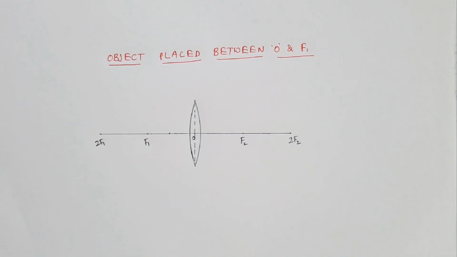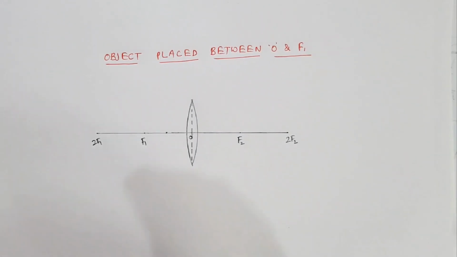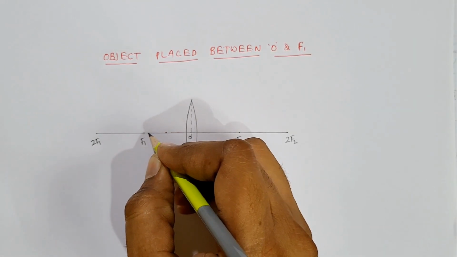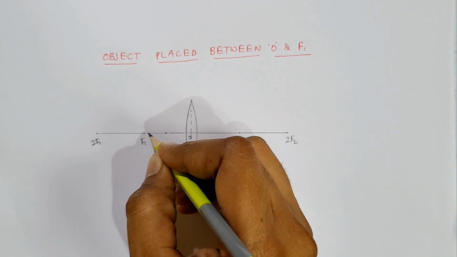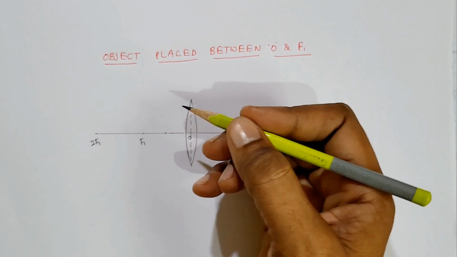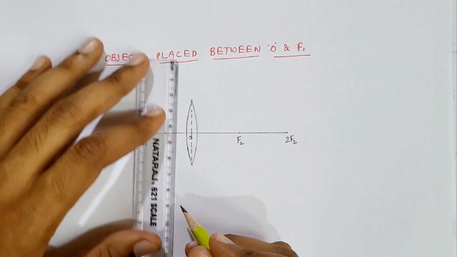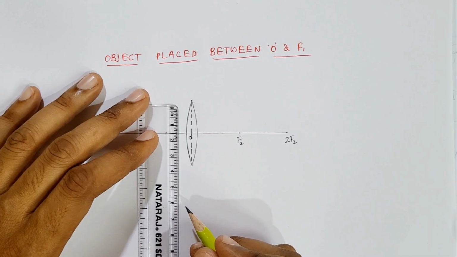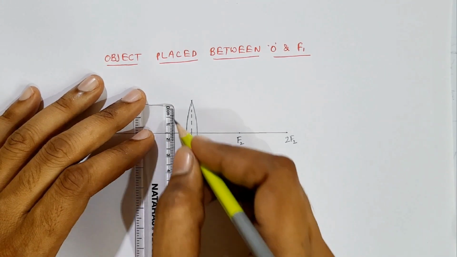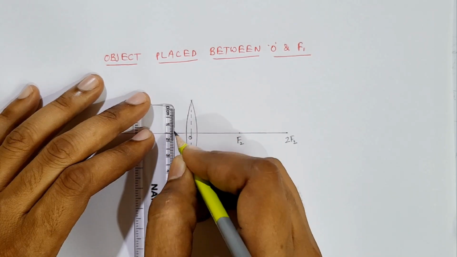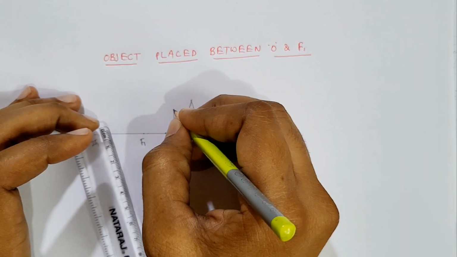You take it as a homework and you can try it on your own. Take object here, close to focus f1, then draw the image formation. You will not get easily. But if you take object here, 1.5 centimeters, take object here somewhere here, then you will get image nicely within the paper.